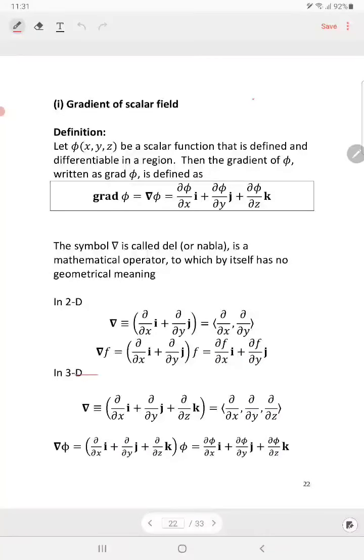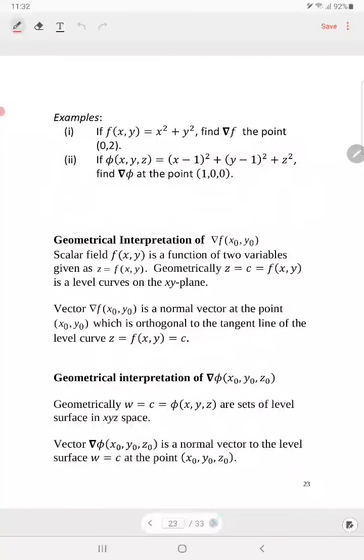So similarly in 3D, let's say you have phi, a scalar function in terms of x, y, and z, then the gradient of phi or del phi or nabla phi is going to be a vector where now your vector has three components. X component is partial phi partial x, y component is partial phi partial y, and the z component is partial phi partial z.